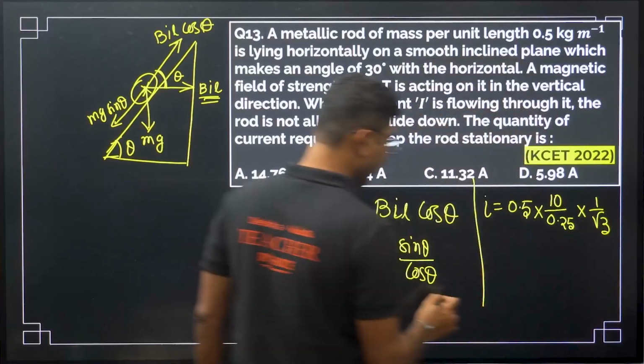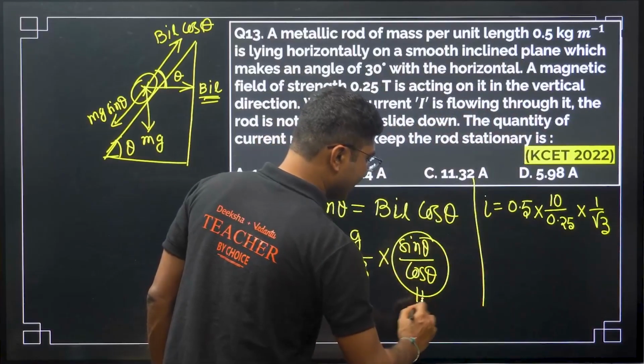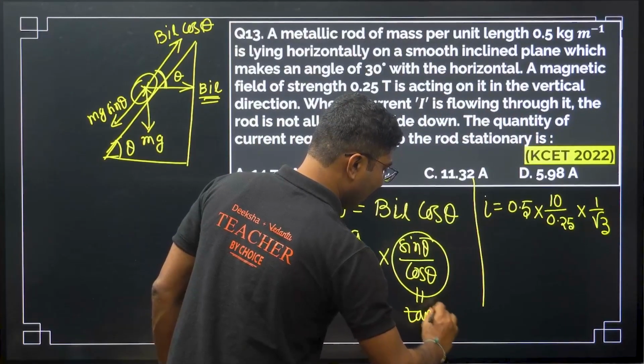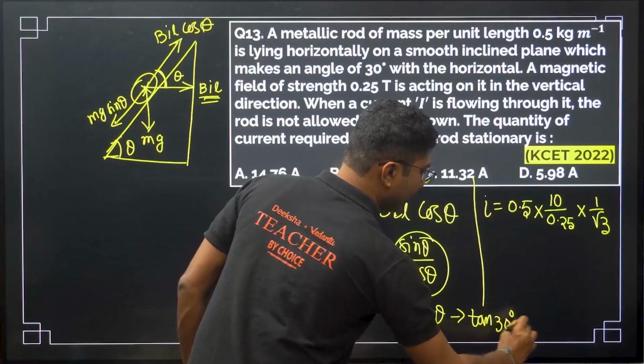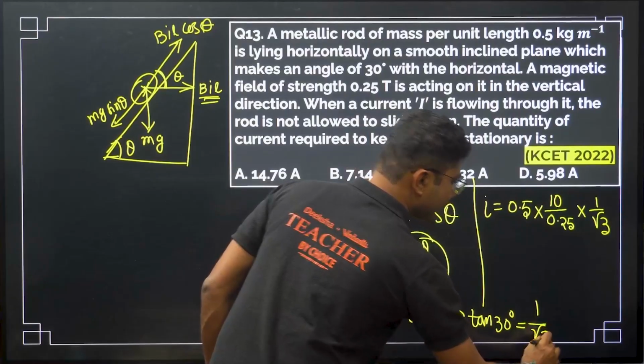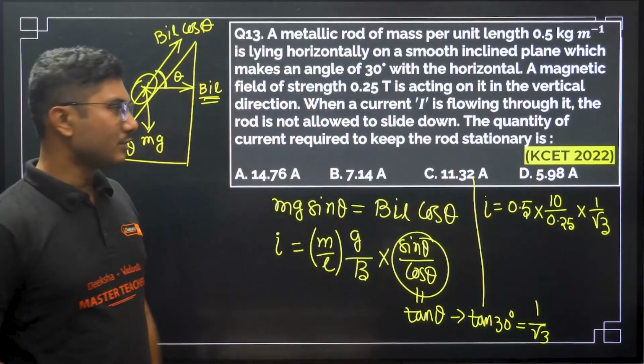Why 1 by root 3? Sin theta by cos theta is basically tan theta, and tan 30 is basically 1 by root 3. Tan 60 is root 3. Tan 30 is 1 by root 3.